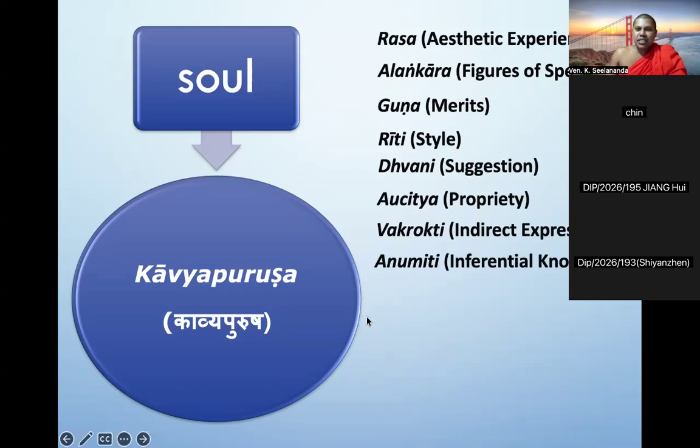Someone considered rasa, or aesthetic experience, as the soul of poetry. Others considered figures of speech as the soul. According to this, we can identify 8 parts of the theories in Sanskrit poetics. From these 8, the last one is anumiti.